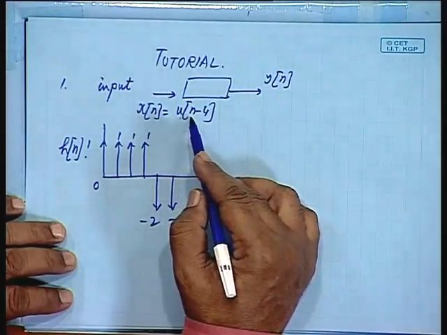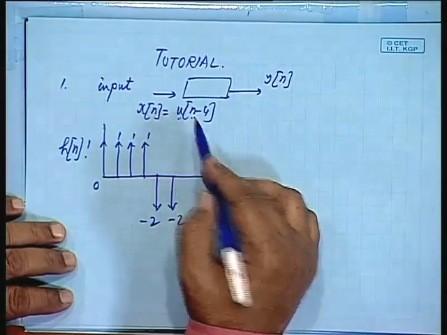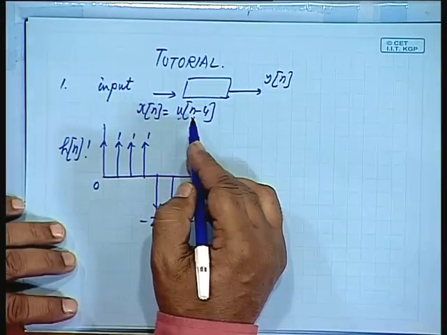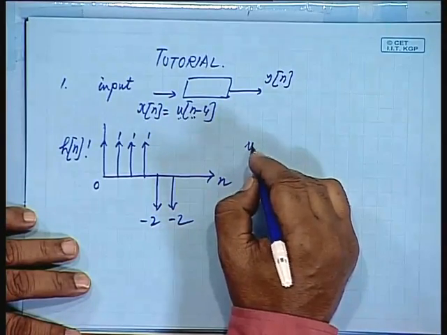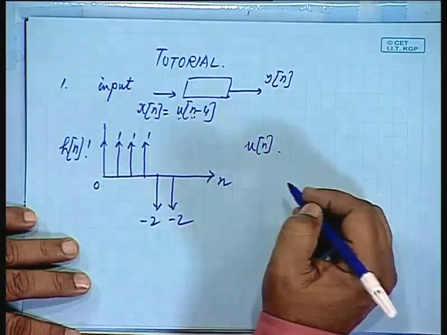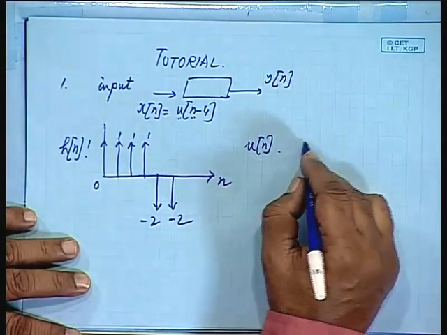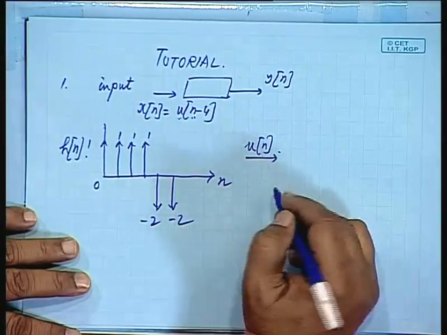Had it been u[n], then it is a simple step. So, given an impulse response, how do you compute the step response? You keep on adding, that is integration. So, here it will be corresponding to u[n]. What will be the output y[n] if the input is u[n]?